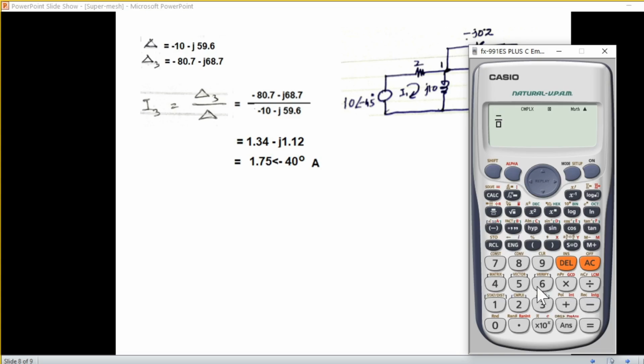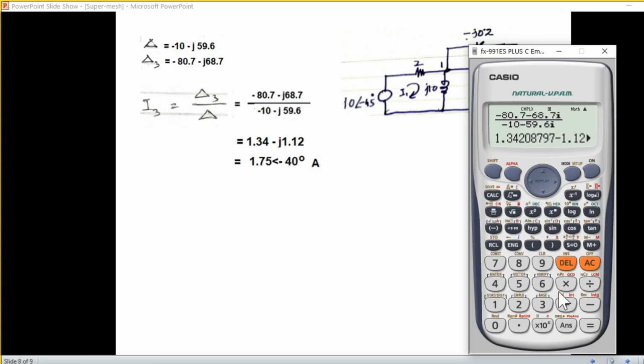Minus 80.7, minus 68.7 I. The numerator is done. We go to the denominator, so minus 10, then minus 59.6 I. All the entries check correct.